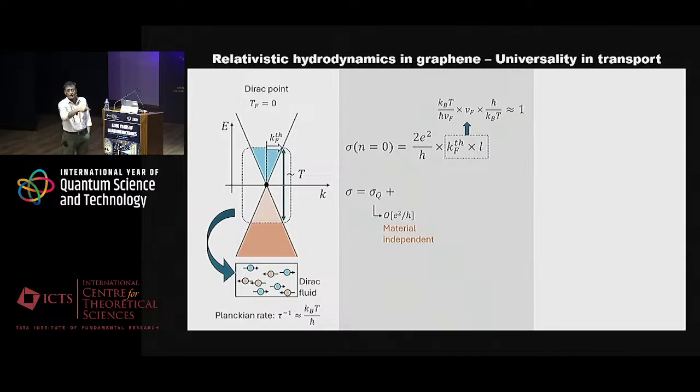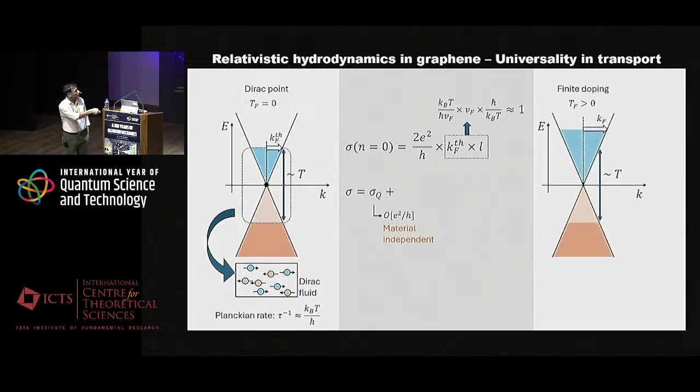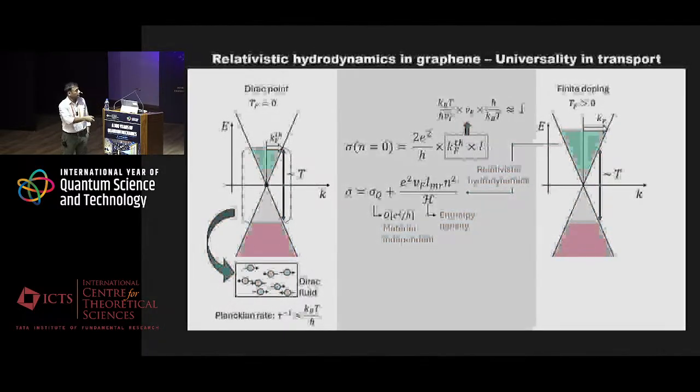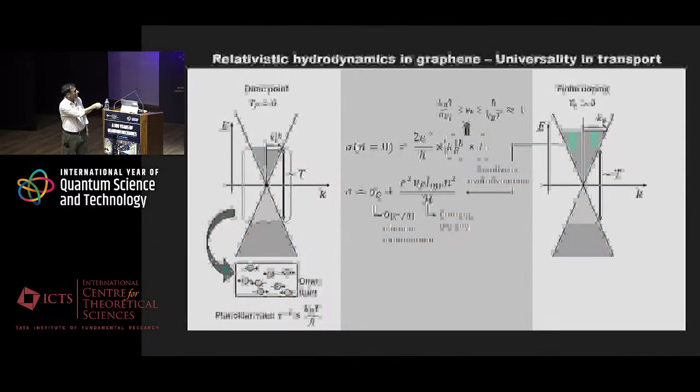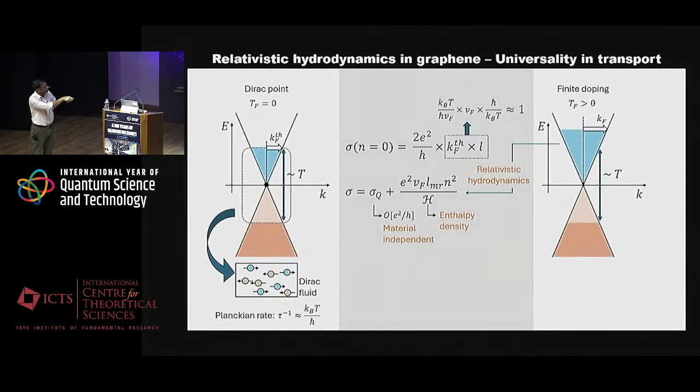But you can also have a Fermi surface by inducing carriers in graphene, and if that happens, then through relativistic hydrodynamics, this being at a quantum critical point, you can look at the overall electrical conductivity as a function of density, where it's a universal constant multiplied by something which is n squared over the enthalpy density.